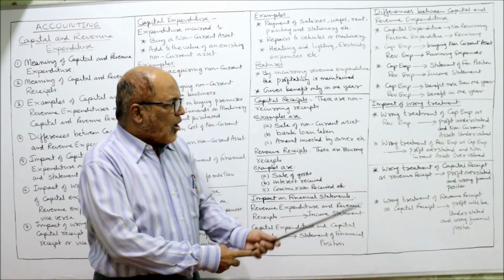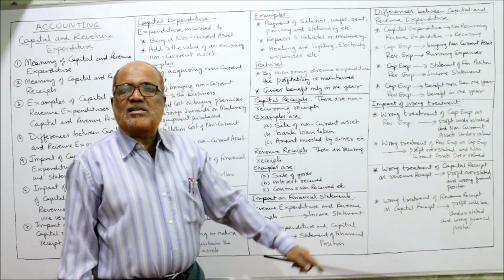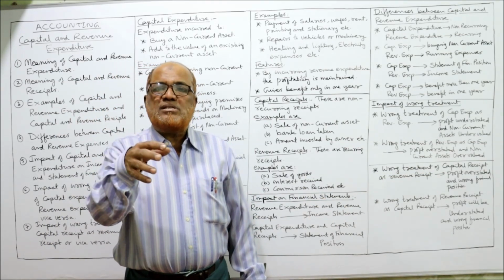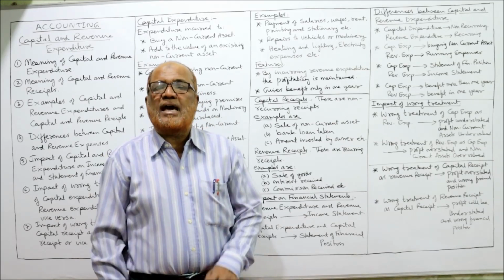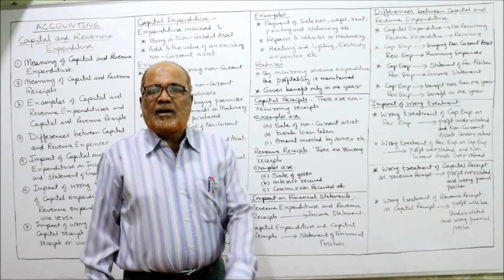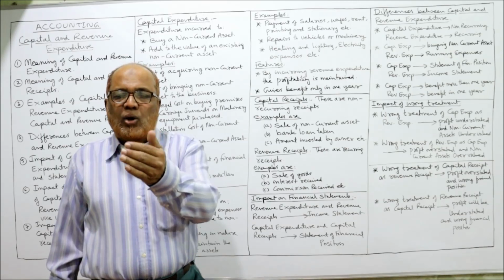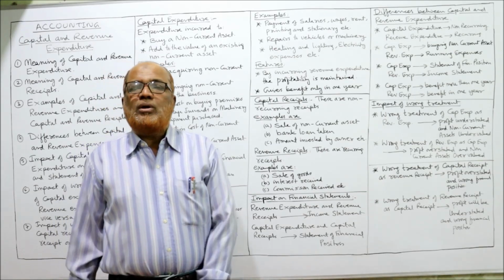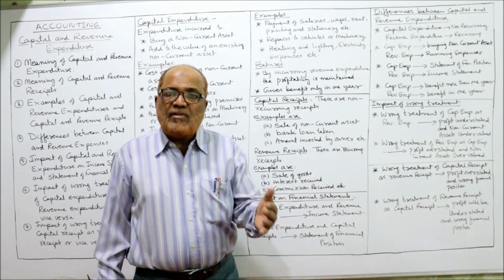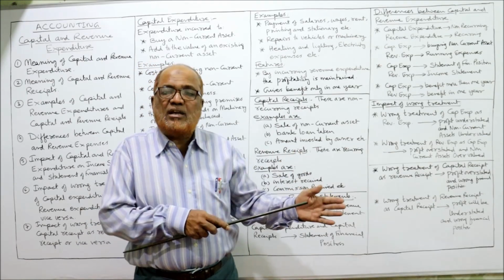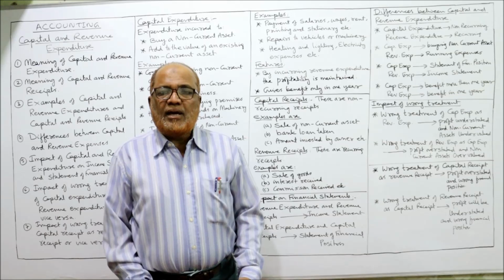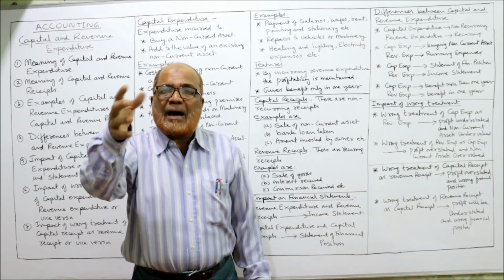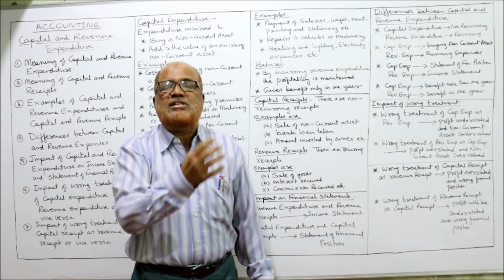Last one, wrong treatment of capital receipt as revenue receipt. One capital receipt is there, by mistake it is treated as revenue receipt. Example, bank loan taken. $10,000 bank loan taken, it is a capital receipt. But the accountant has treated it as a revenue receipt. Instead of taking this in statement of financial position, by mistake he has taken it in income statement.